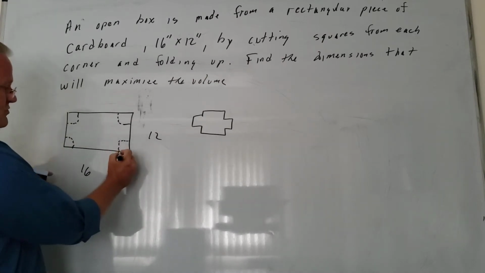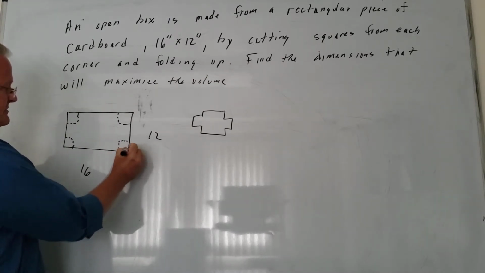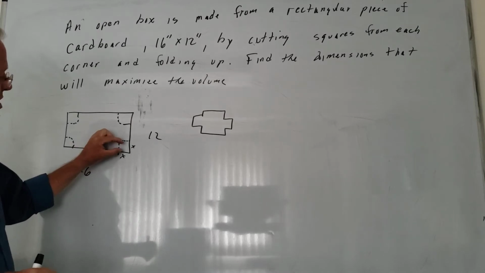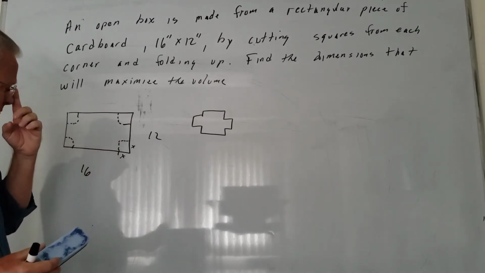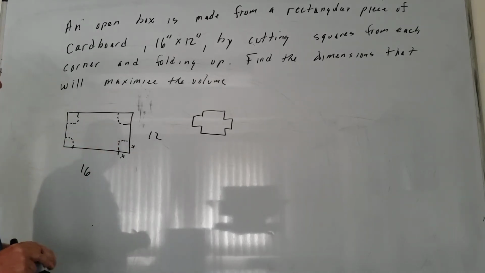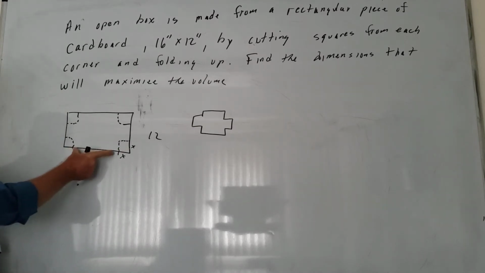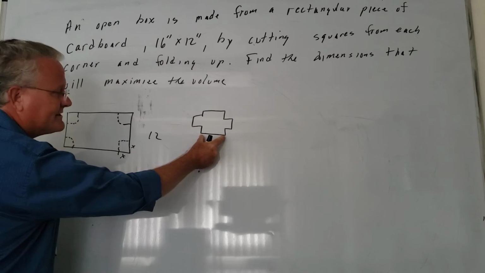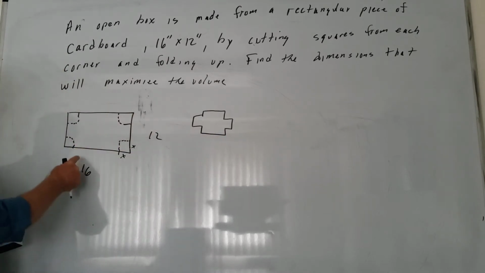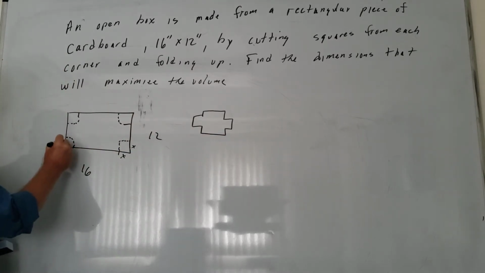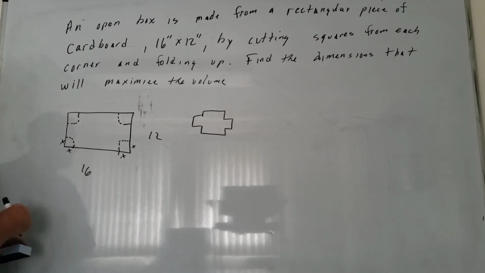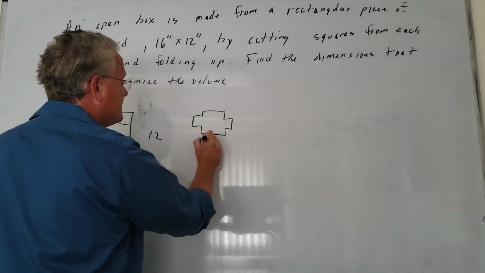So let's call the size of the square that we're cutting out x by x, because we don't really know how big that's supposed to be. Once we cut that out, the length of the little flap that we're going to fold up is going to be 16 minus 2x. So this is 16.